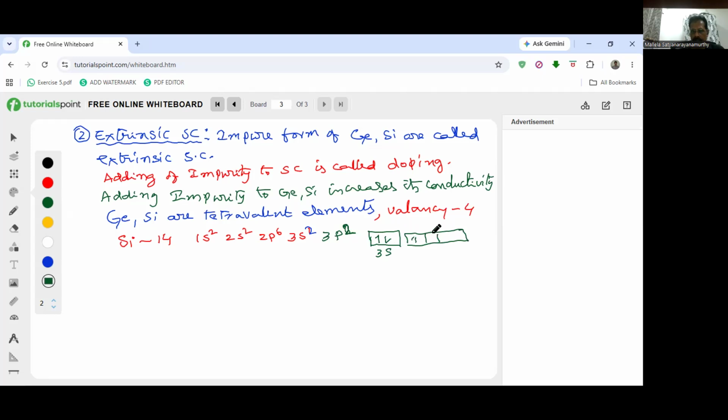So only 1 and 1, and here a vacancy is there. This is 3p. This is the ground state.